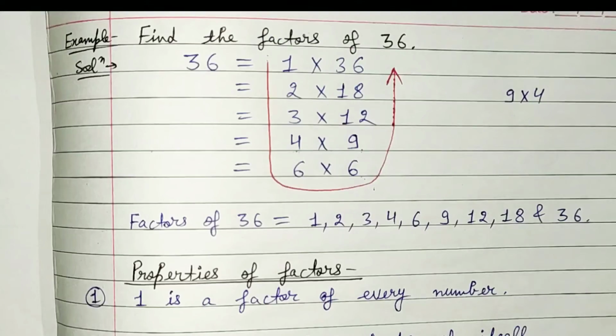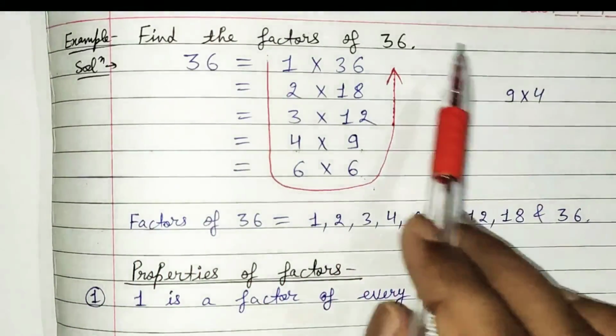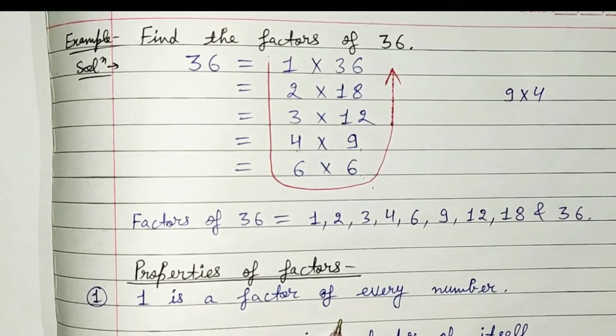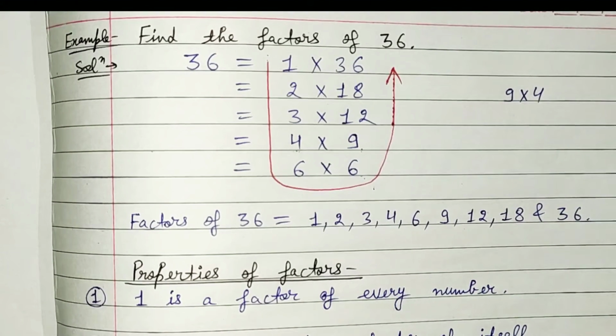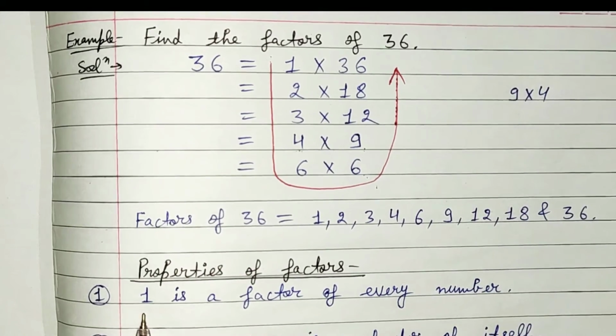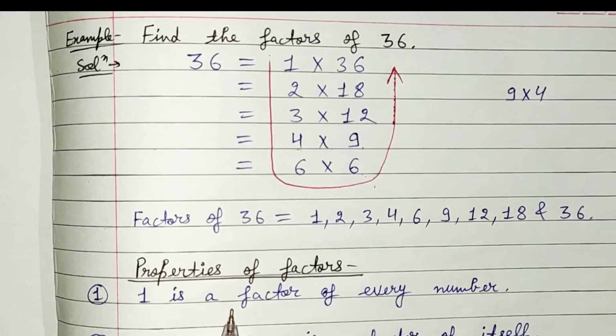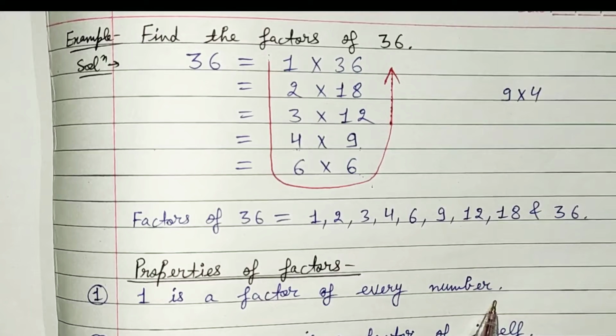Okay, with the help of this example, we can understand some of the properties of factors. Today we are discussing only the factors. Tomorrow we will discuss the multiples. The first property is: 1 is a factor of every number.